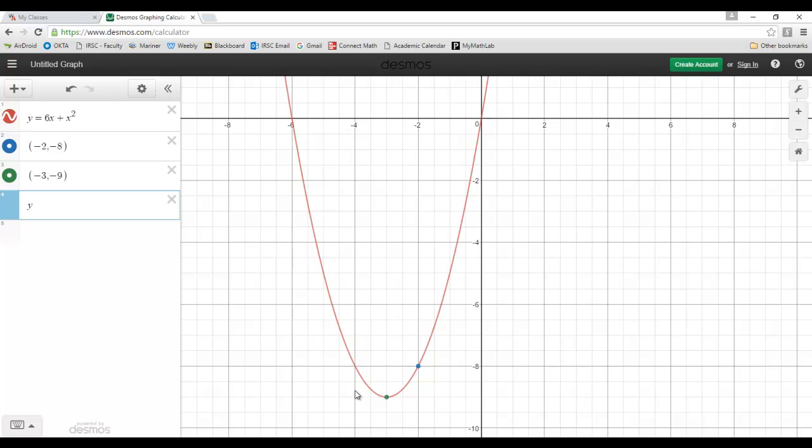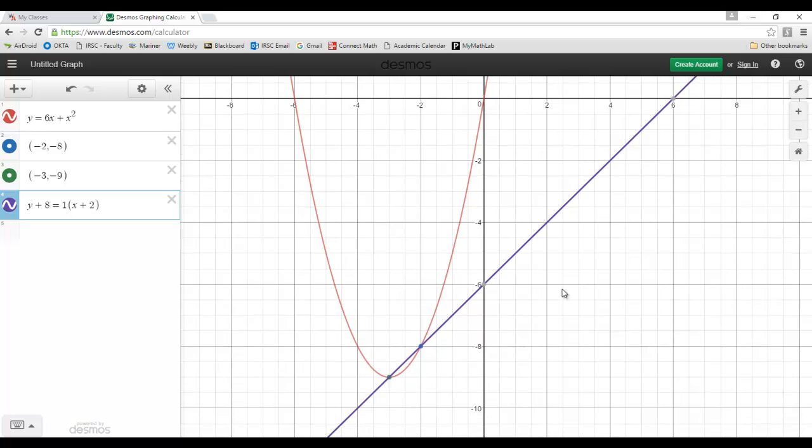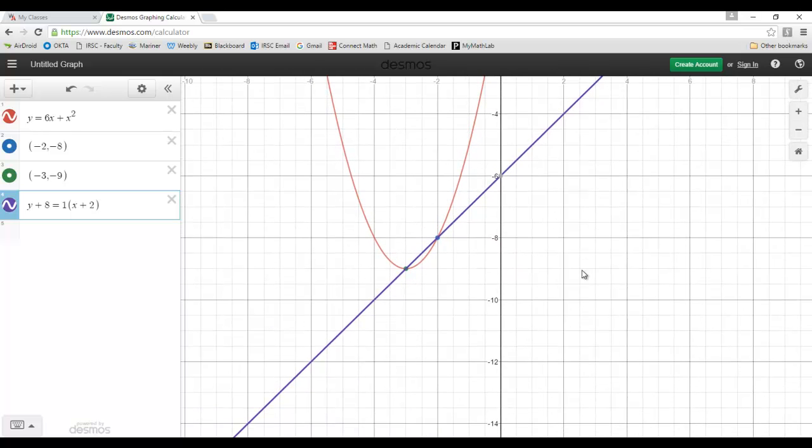Well, y1 is negative 8, so it's y minus negative 8, so y plus 8 equals m, which is 1, times x minus x1. Well, x1 is negative 2, so minus negative 2 would be plus 2. So there is that secant line. The purple line is the secant line that passes through these 2 points right here.